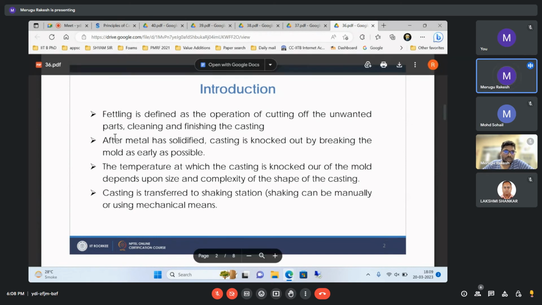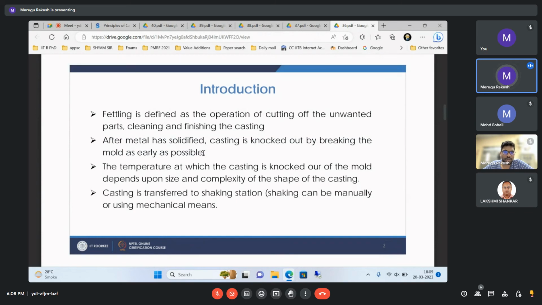After the metal has solidified, the casting is knocked out. Mainly the casting is knocked out by breaking the mold as early as possible. After pouring the metal, once we understand that everything is solidified, even if it is in red hot condition, we will break the mold and cool it in the surrounding air. This is mainly for sand casting.